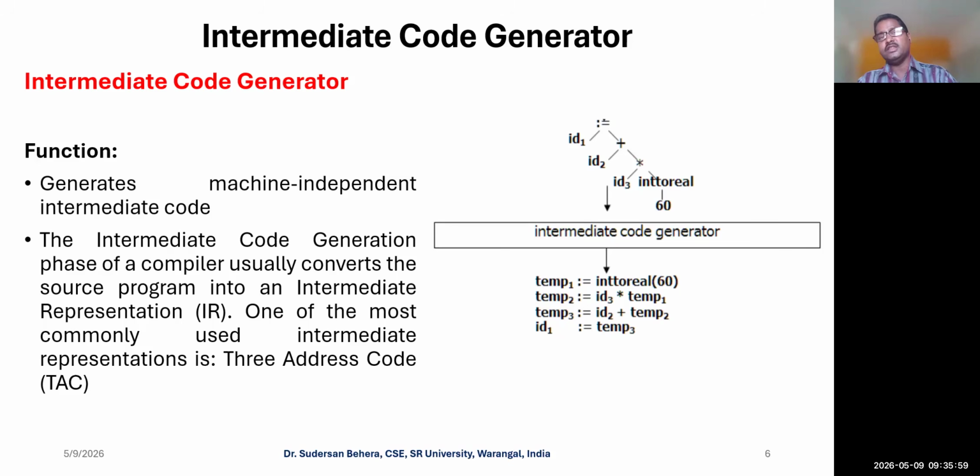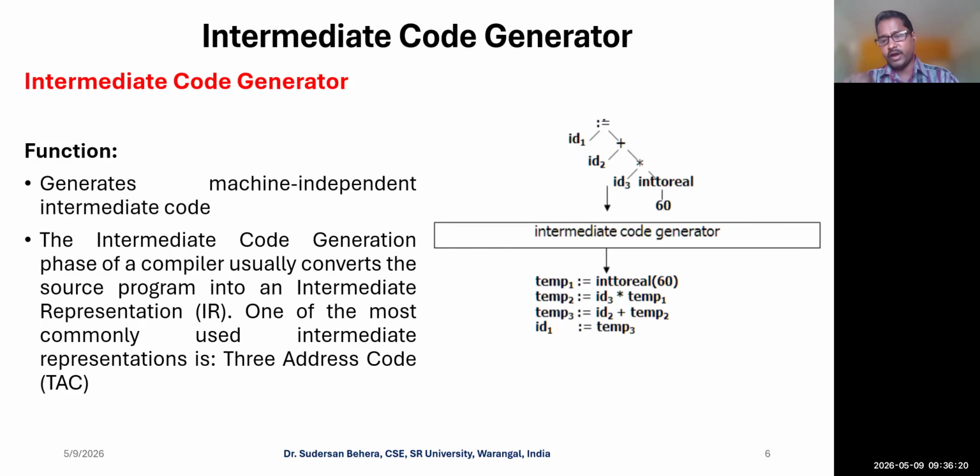You can see it on the right hand side of the PPT. Try to recall the abstract syntax tree already produced by the semantic analyzer, which is now passed as an input to the intermediate code generation.